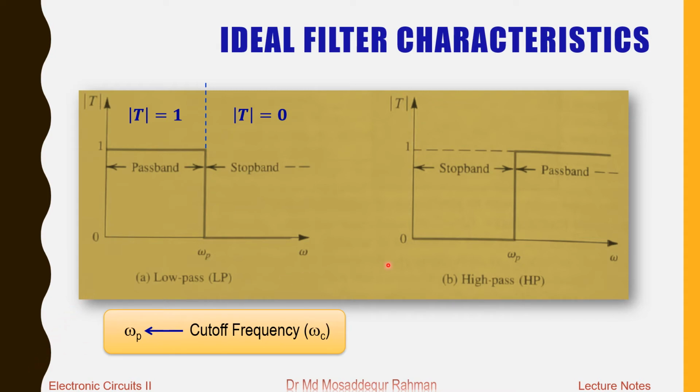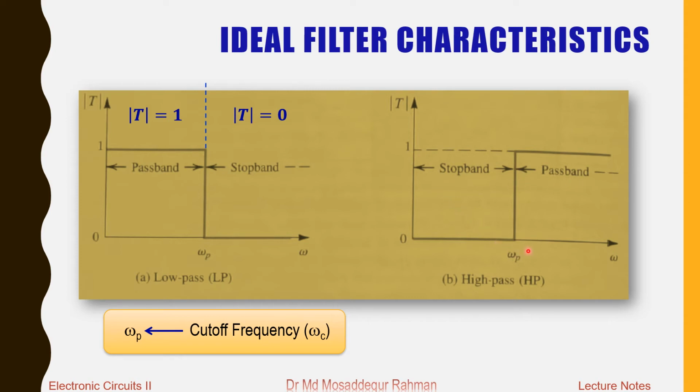And here we have the filter characteristics for the high pass filter, which is just opposite to what we have for the low pass filter. We have the pass band at high frequencies, stop band at low frequencies.